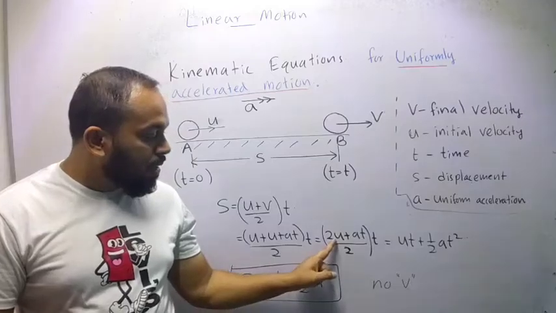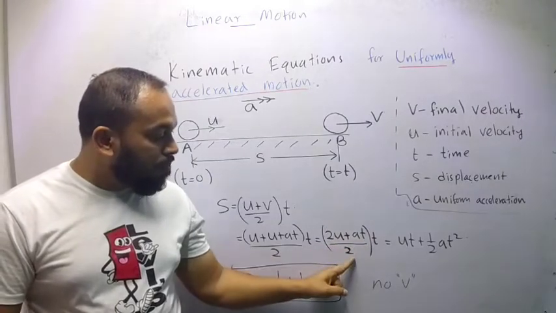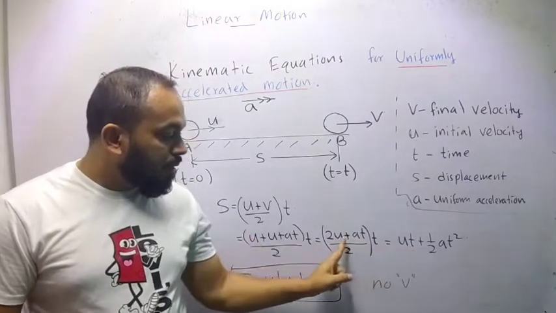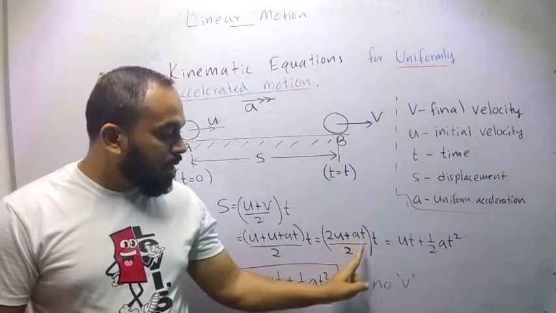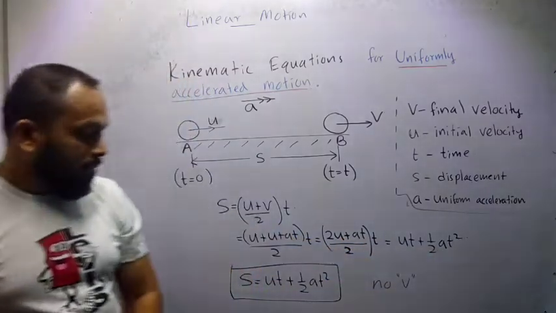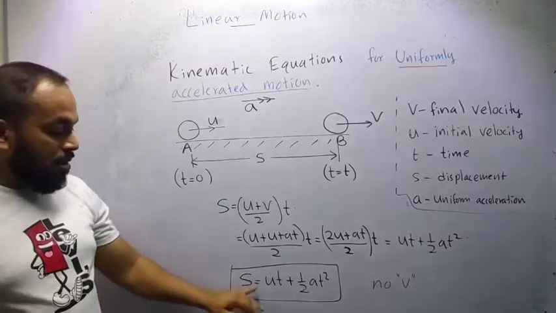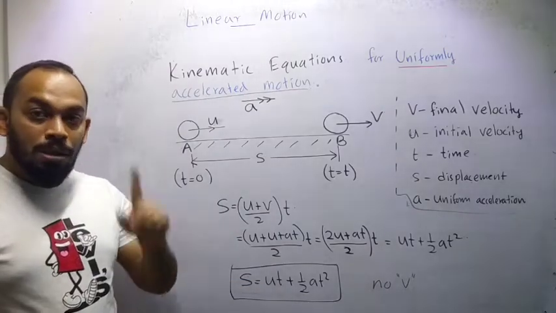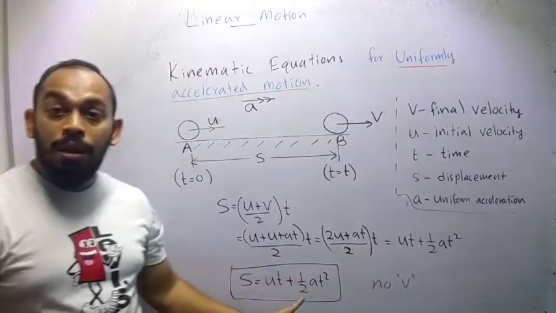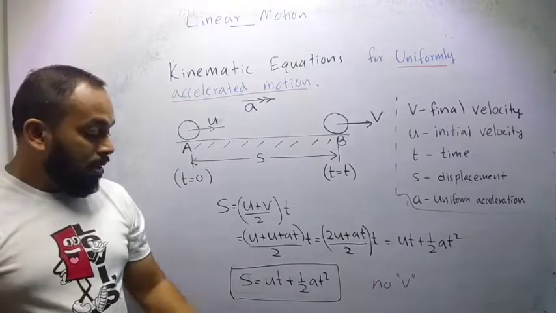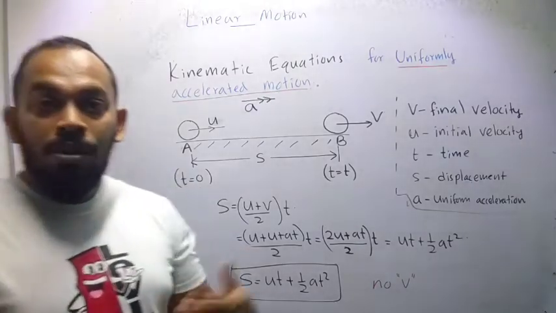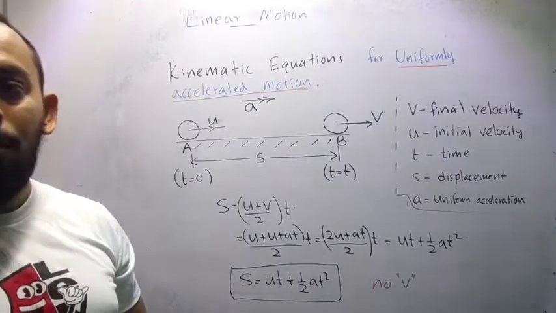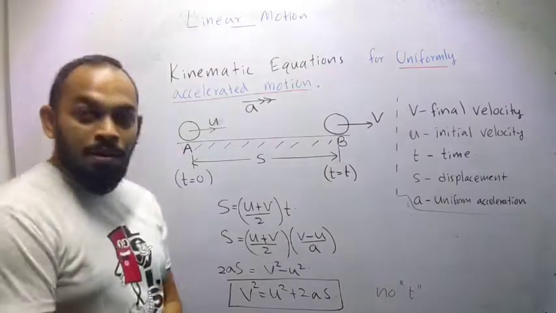So this would be 2ut divided by 2, which is ut. Then at times t divided by 2 is half at squared. So this is the third equation, s equal ut plus half at squared. Notice here that v is not there. So let's look into the fourth one.